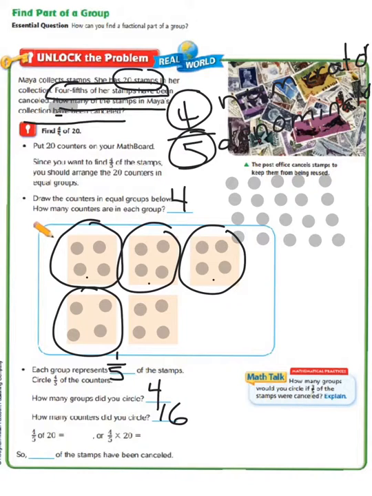So 4/5 of 20 equals 16. Since we know that 4/5 of 20 equals 16, or 4/5 times 20 equals 16, we now know that 16 of the stamps have been canceled.